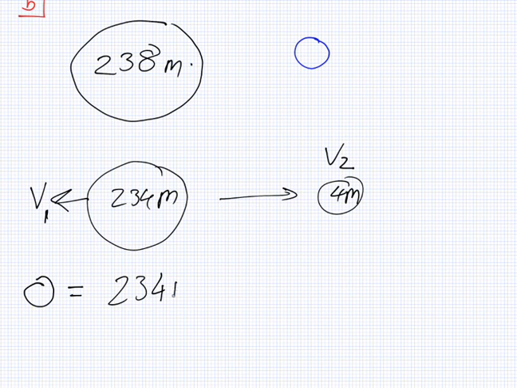So anyways, 234 M V1 plus 4 M V2. What can I cancel? M's. So I get V2 equals minus 234 over 4 V1.